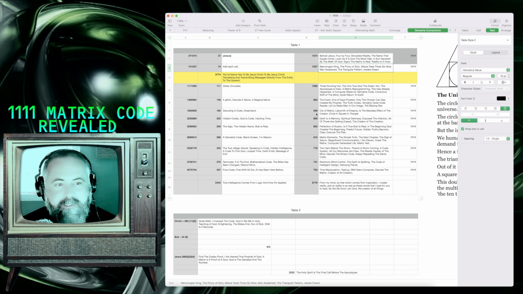After the split, we get 0926, and again, remove the 0, which gives us the phrases out of matrix, labyrinth of dreams, is the Mandela effect of the creator, and circle in square in triangle.